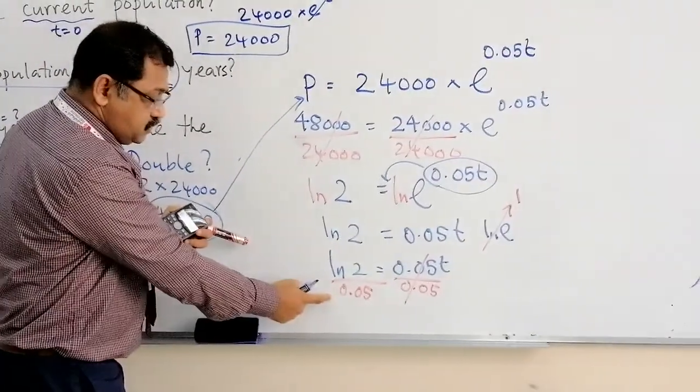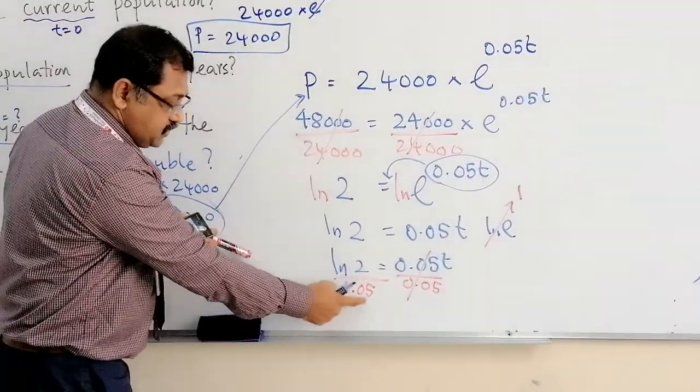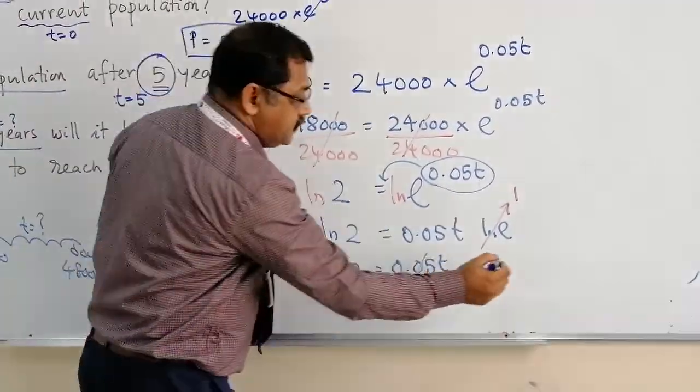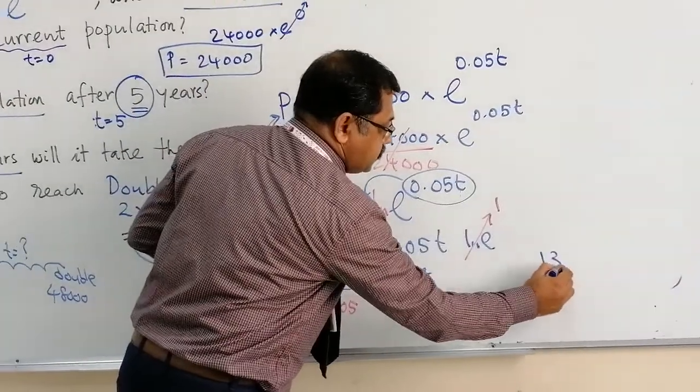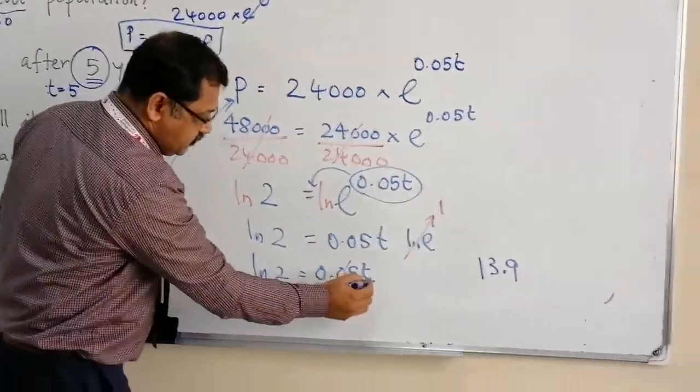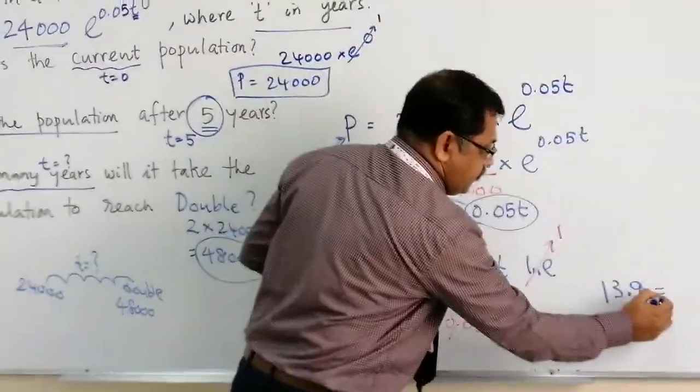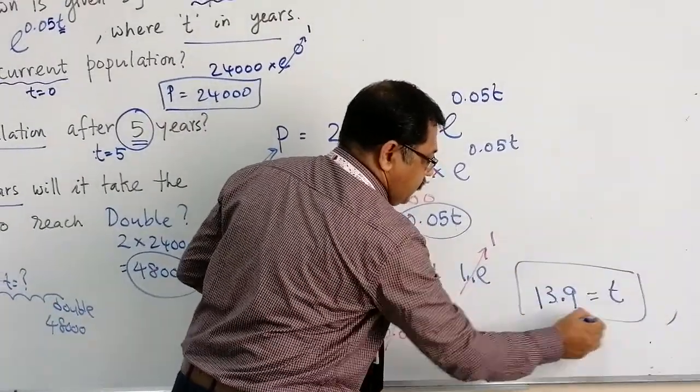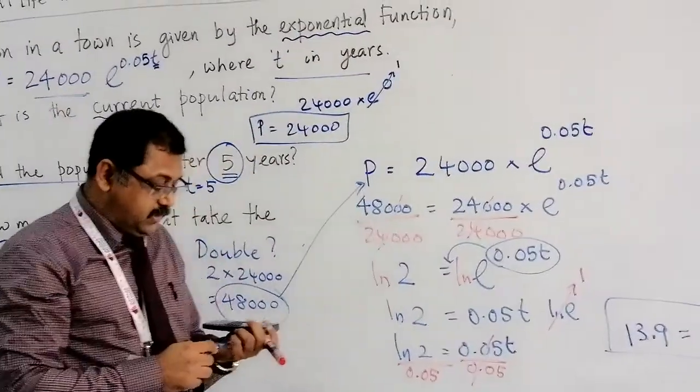If you divide ln 2 by 0.05, you get the answer as 13.9. 13.9 as the value of t. That means approximately 14 years.